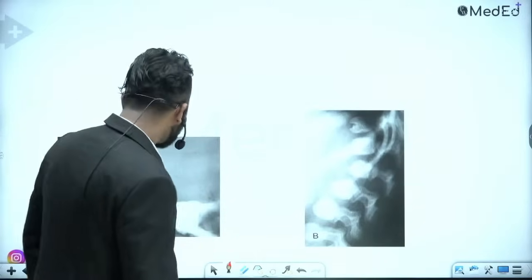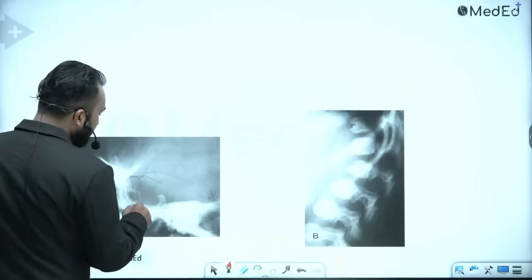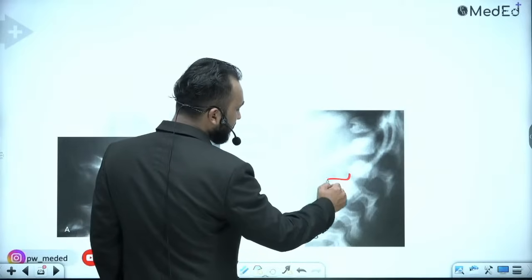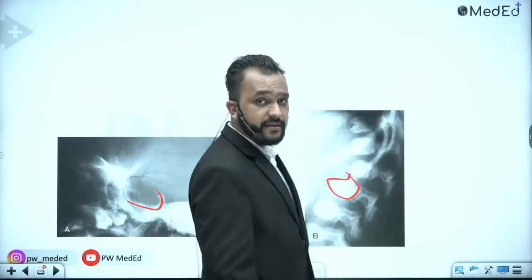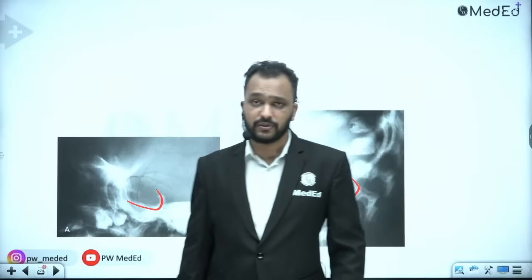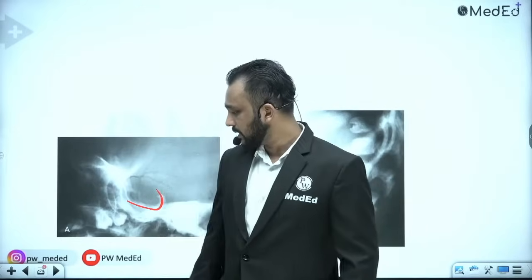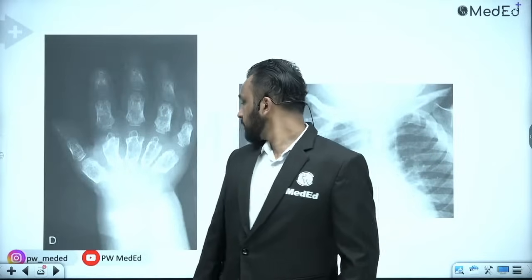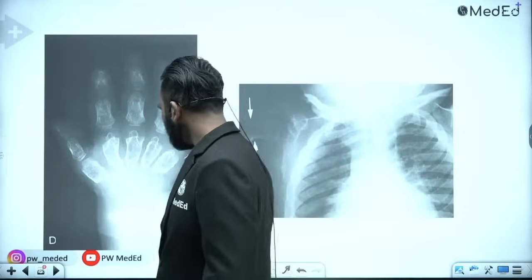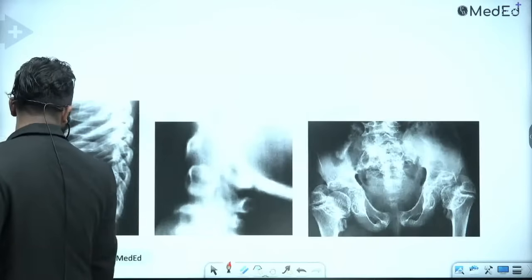So a few points about mucopolysaccharidosis. J-shaped sella, inferior beaking of the vertebra. These are characteristic features of Hurler syndrome. Okay, they can also have cloudy cornea, right?